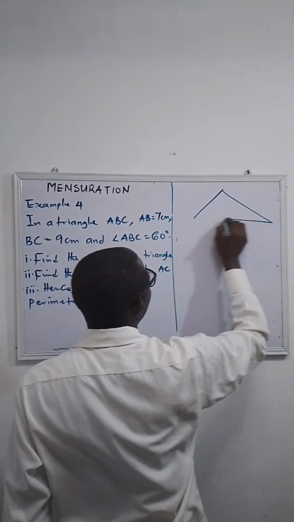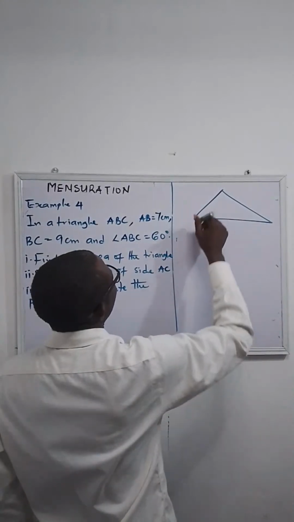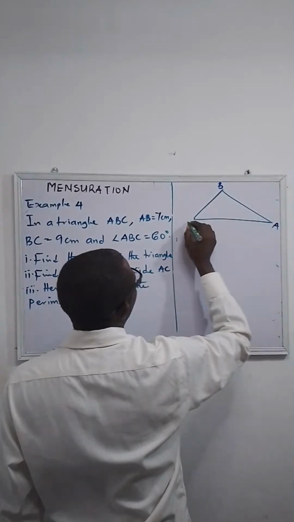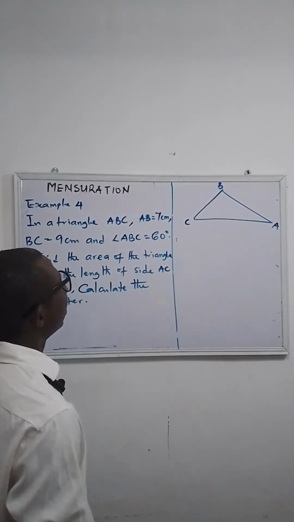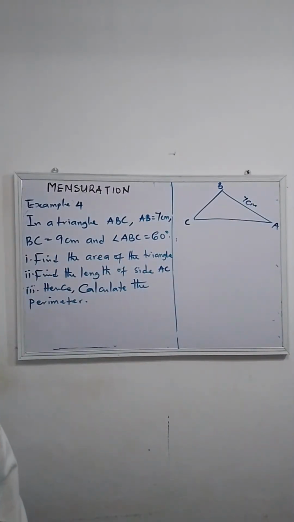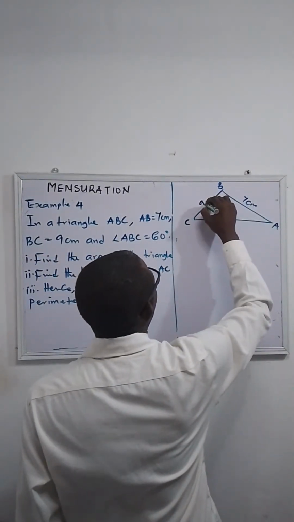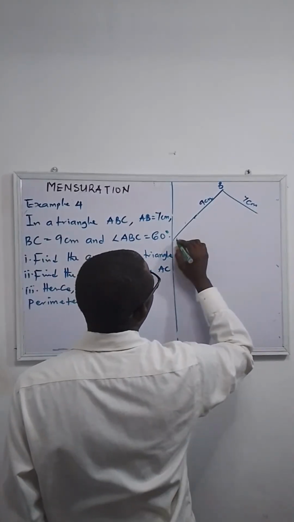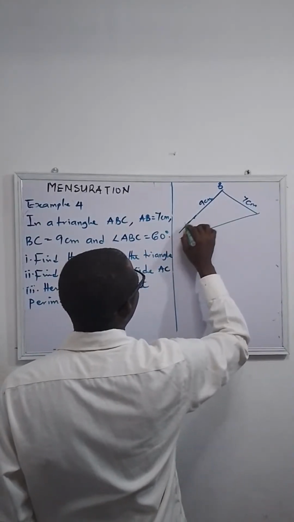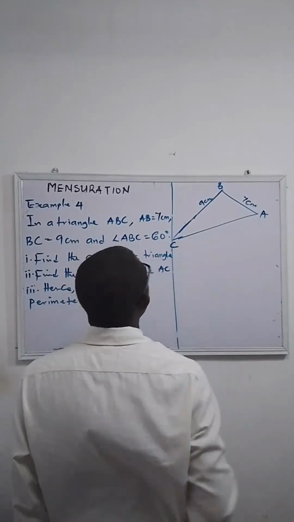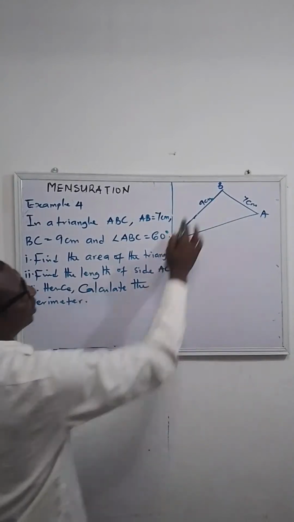We have B, A, and C. AB is 7 centimeters, and BC is 9 centimeters.